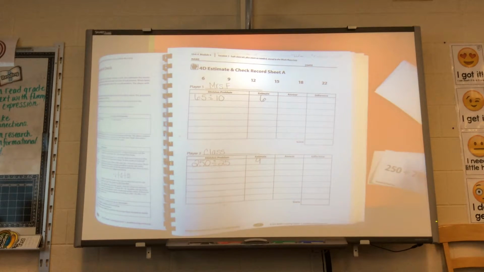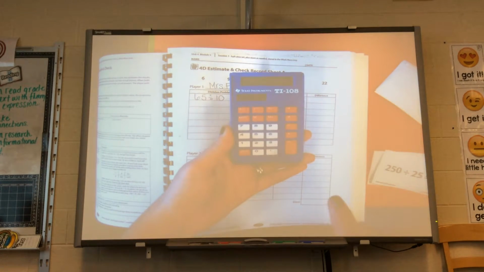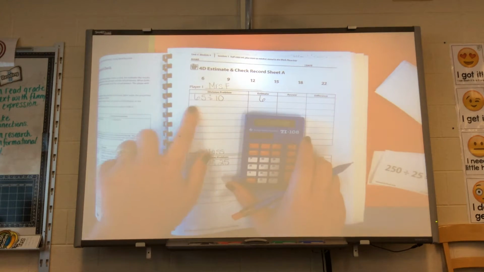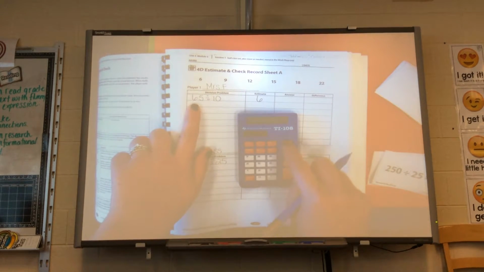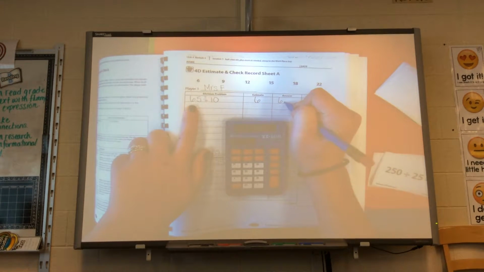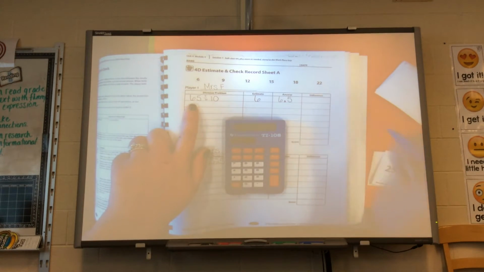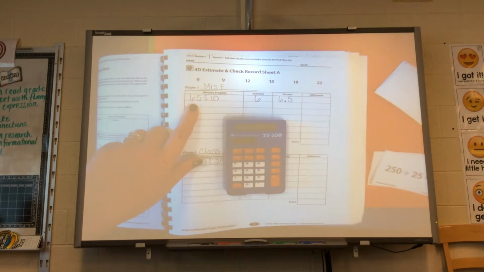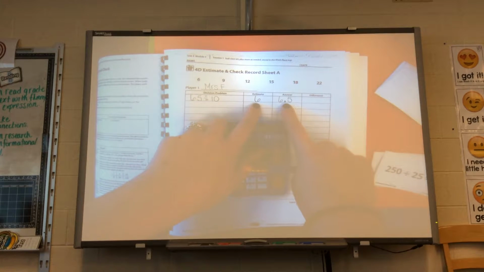Okay. So now what each of us are going to do is use a calculator, and we're going to find our actual answers. So I'm going to do 65 divided by 10. The actual answer is 6 and 5/10. Then I'm going to find the difference between these two numbers.